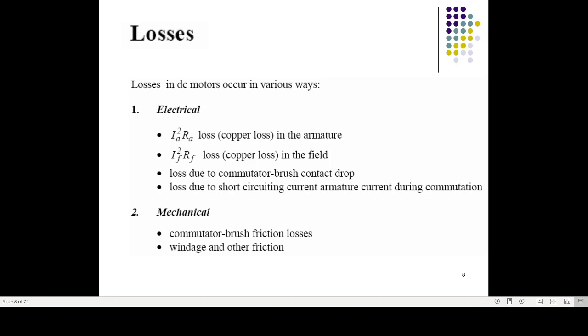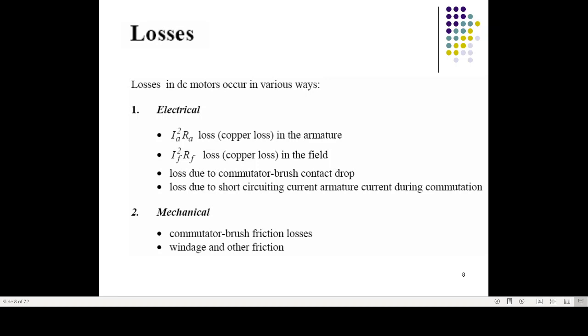These losses occur due to the resistance in the winding, meaning that we represent the winding as a resistor. In a DC machine, there are only two windings, armature and field winding. Thus, copper losses are categorized in three parts: armature loss, field winding loss, and brush contact resistance loss. The copper losses are proportional to the square of the current flowing through the winding.